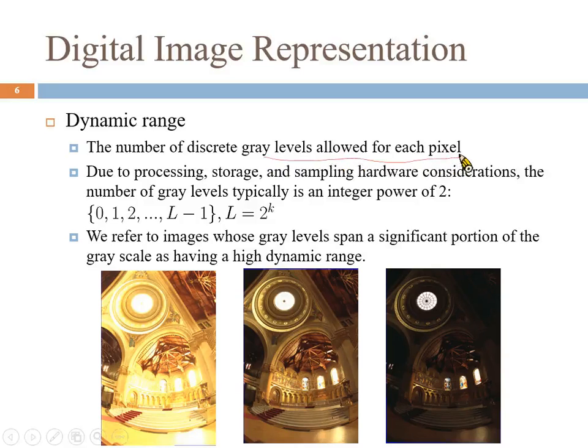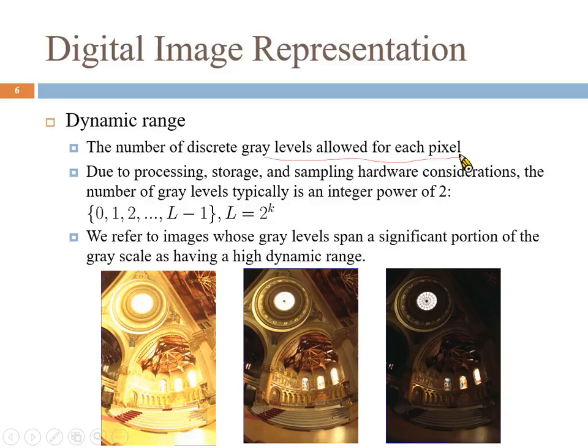As I said before, how do we represent from the lowest intensity value to the highest intensity value? So how many levels do we use to describe the difference between the lowest and the highest? The number of gray levels allowed for each pixel is defined as the dynamic range.